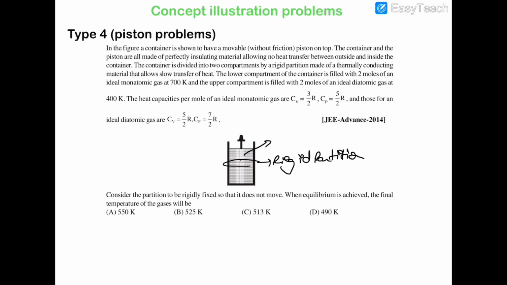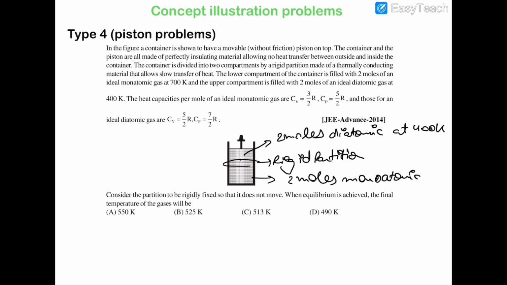This contains 2 moles of ideal diatomic gas at 400 Kelvin, and the lower chamber contains 2 moles of an ideal monoatomic gas, which is at 700 Kelvin.